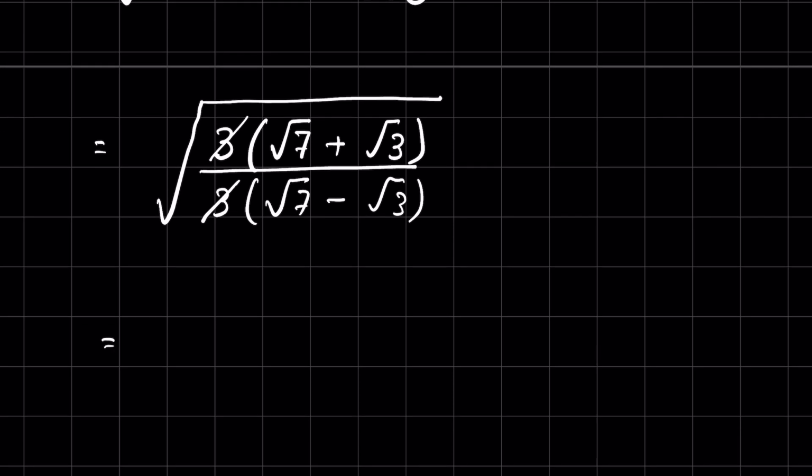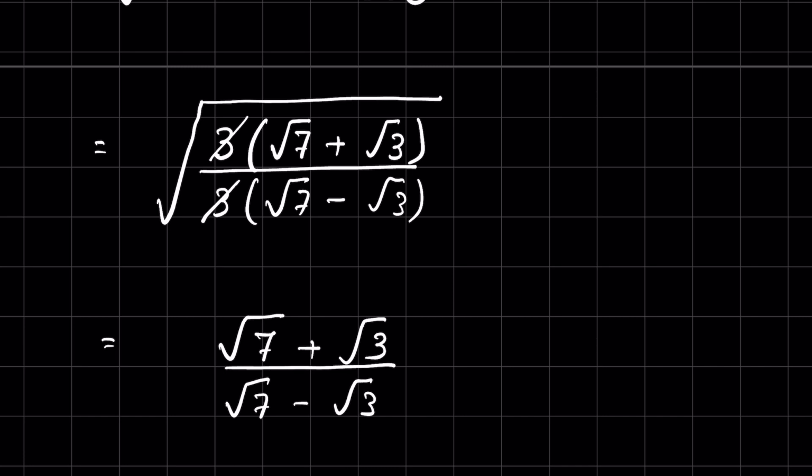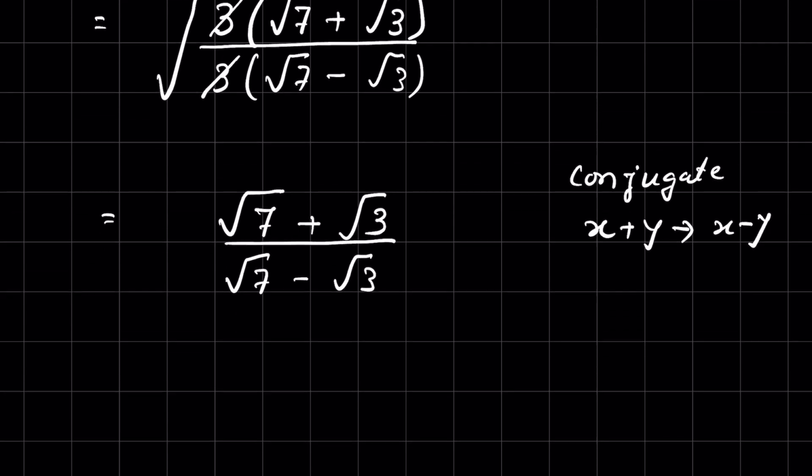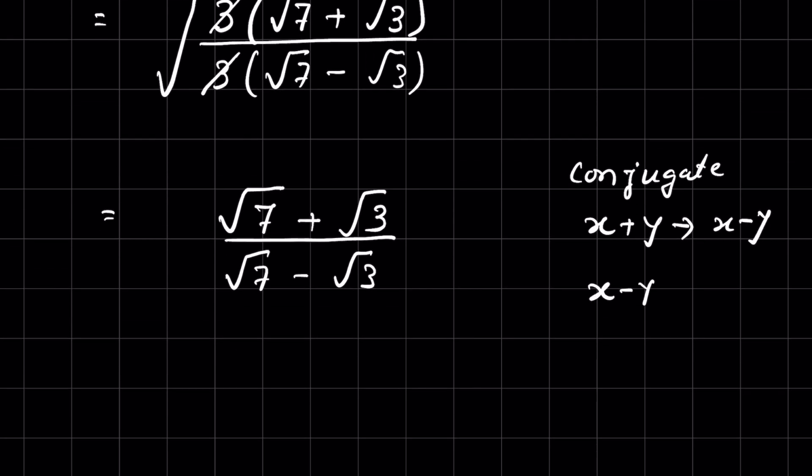Now we can rationalize the denominator here. To rationalize it, we multiply and divide it by the conjugate of the denominator. Conjugate of x plus y is x minus y, and conjugate of x minus y will be x plus y.